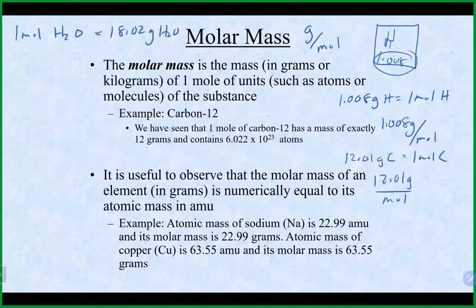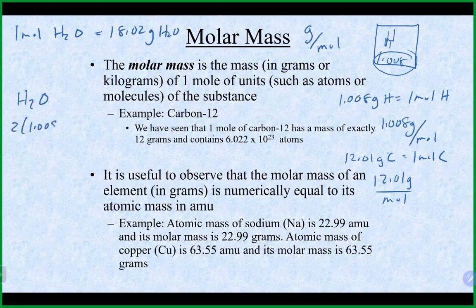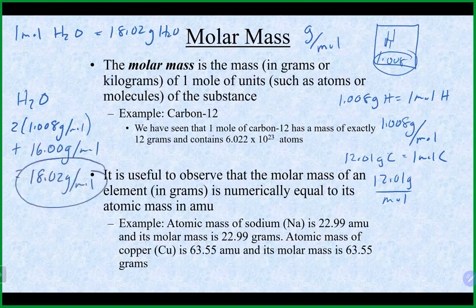We get that by adding up all the parts. In water, there are 2 hydrogens, each from the periodic table as 1.008 grams per mole, plus 1 oxygen, which is 16 grams per mole. That gives us 18.02 grams per mole as the molar mass of water.